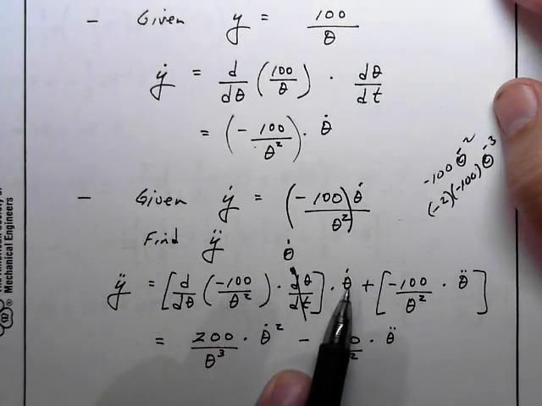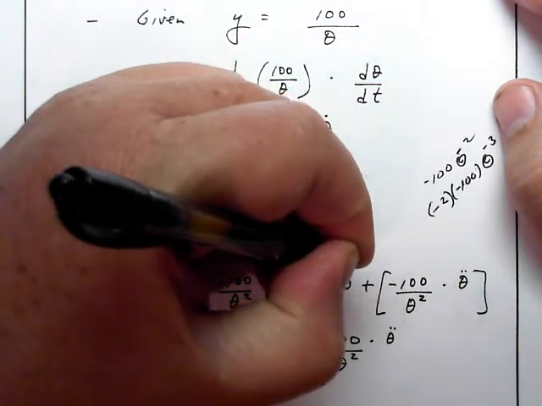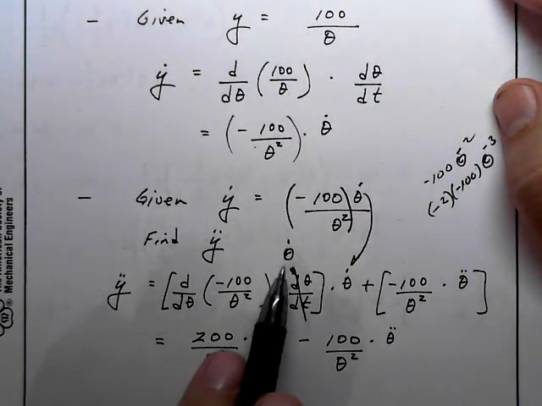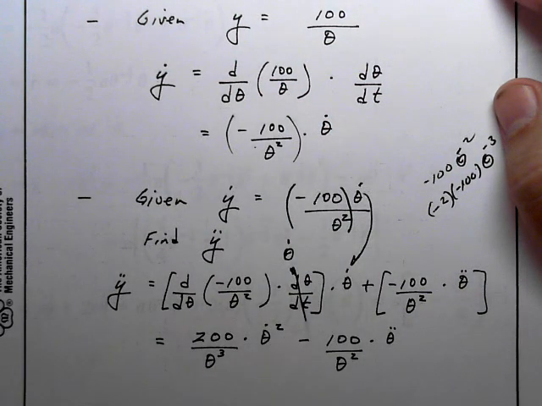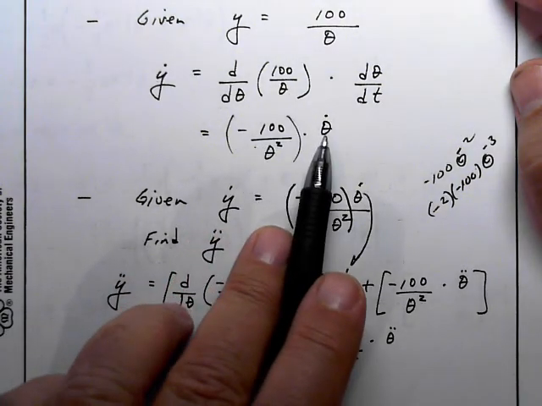But I already had another theta dot sitting right there, so I've got two theta dots being multiplied together. So my first term is positive 200 over theta cubed times theta dot squared. That's the first term out of the product rule, taking the derivative of this piece while holding that piece constant.